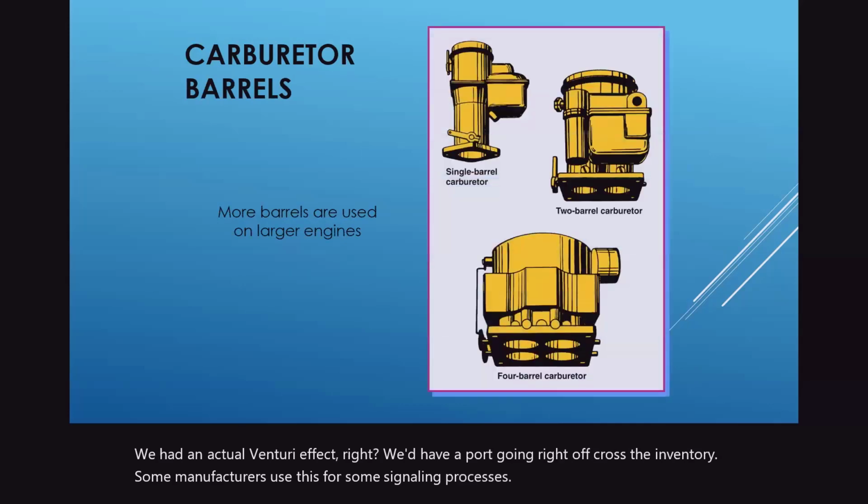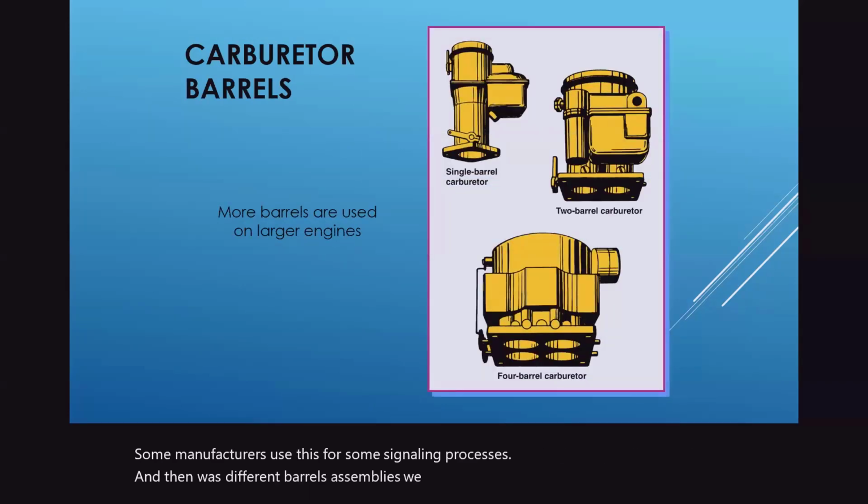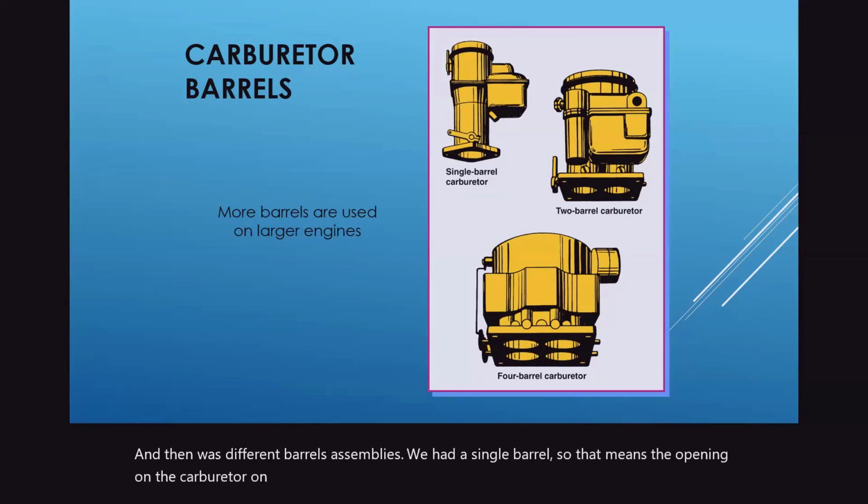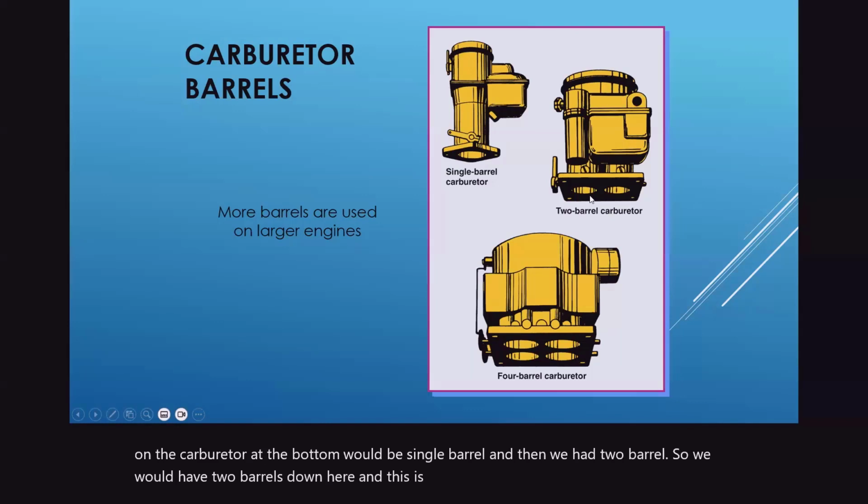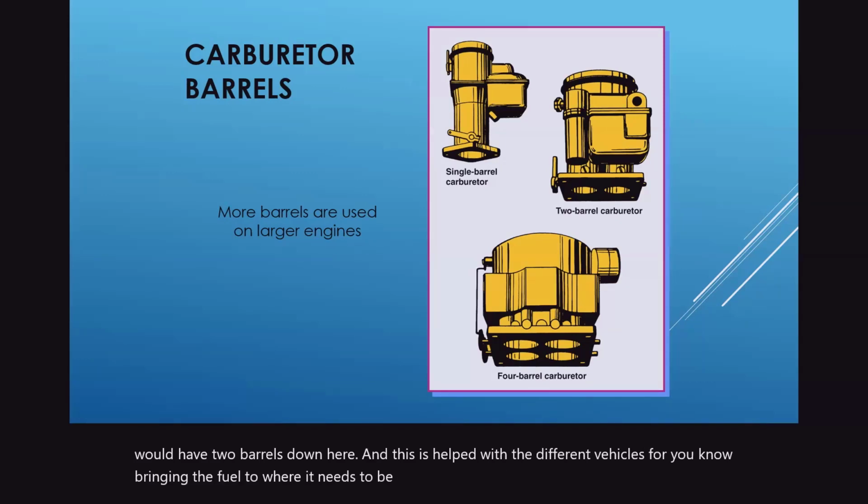And then there were different barrel assemblies. We had a single barrel, so that means the opening on the carburetor at the bottom would be single barrel. And then we had two barrel, so you would have two barrels down here. And this has helped with the different vehicles for bringing the fuel to where it needs to be a little bit better, not precisely, but a little bit better.